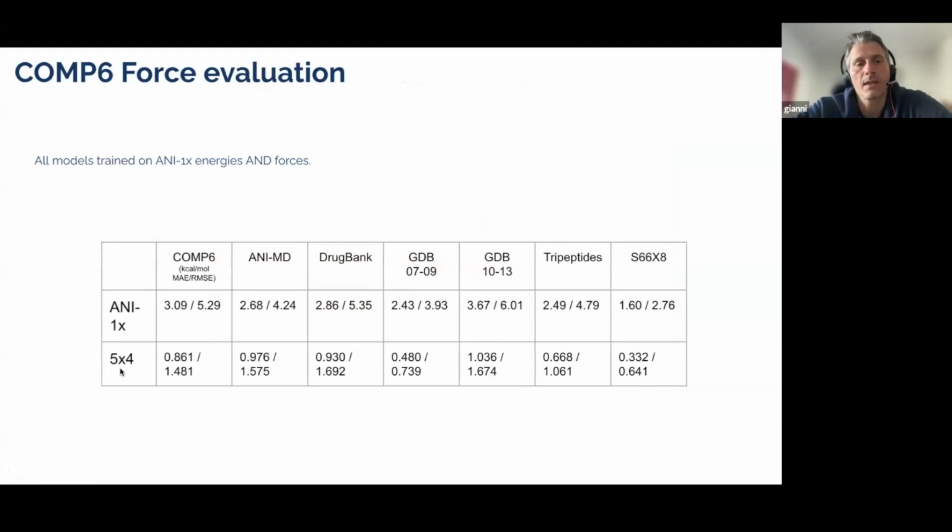So you train on the same data. This is just changing the representation. ANI uses an ensemble of multilayer perceptrons, and we use this transformer model. There are now other methods which are even better. But the point is not so much to get better here. The point is actually to get faster. And that should be a main goal.